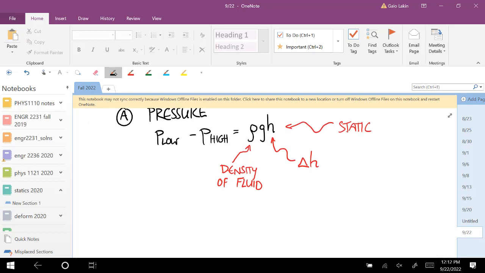And we use that to do calculations with barometers and manometers.